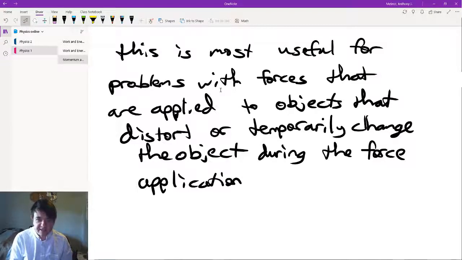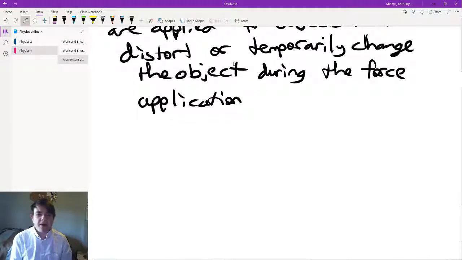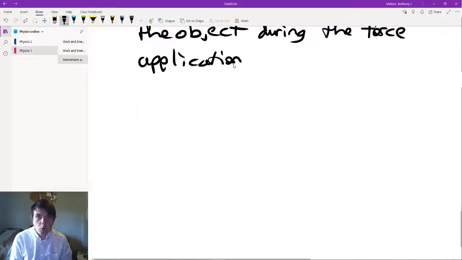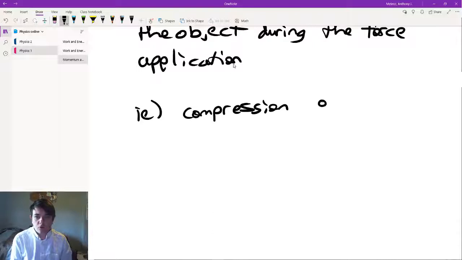Okay, this is extremely complicated. So what I mean by that is if you're compressing, i.e. compression or stretch, of an object.